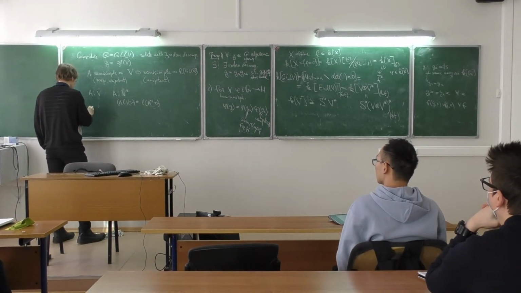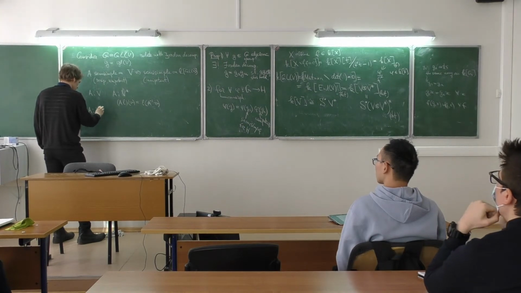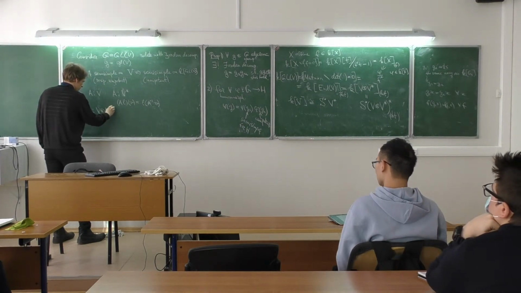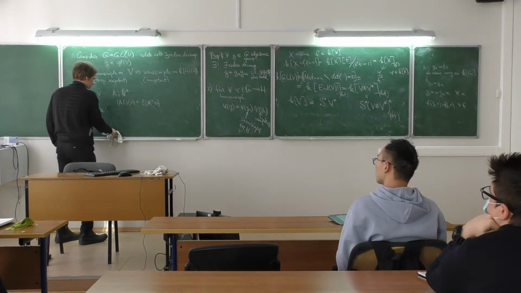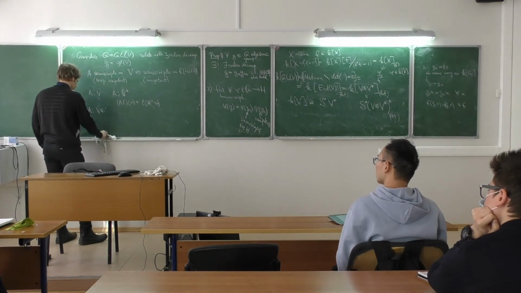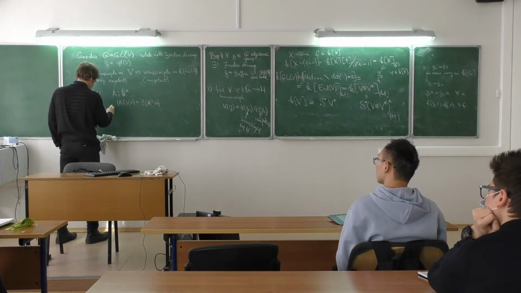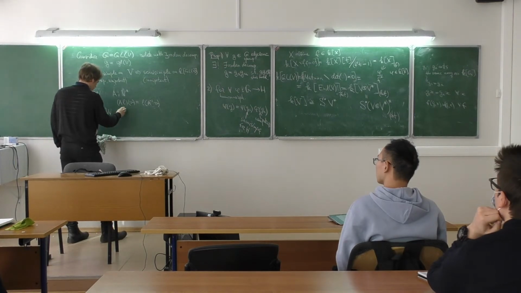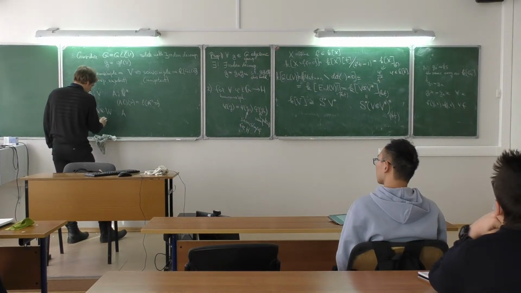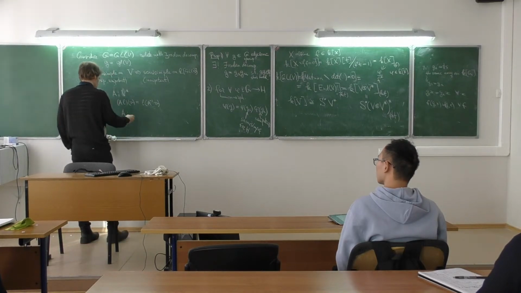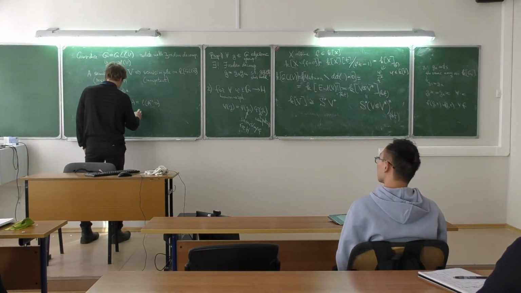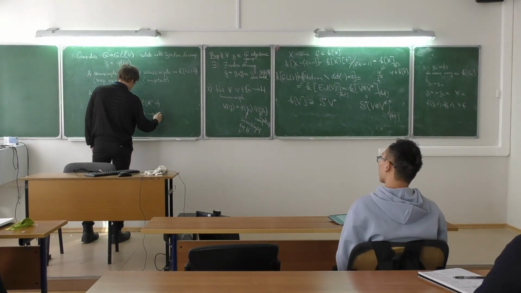And if you want to define the action on any tensor product, then any element is a linear combination of lambda i, v i tensor w i, and A acts monomial-wise, just like this.